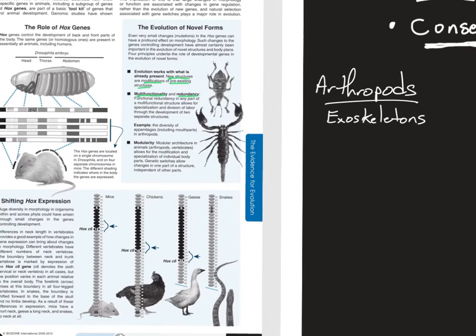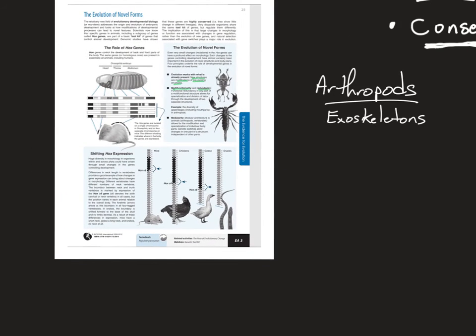Also, the idea that you have these modules, right? These sections, you have a head, a thorax, and an abdomen, which means the head could evolve and the thorax could stay relatively the same in different species, different taxa. Or perhaps the thorax evolves and the abdomen and the head stay the same.